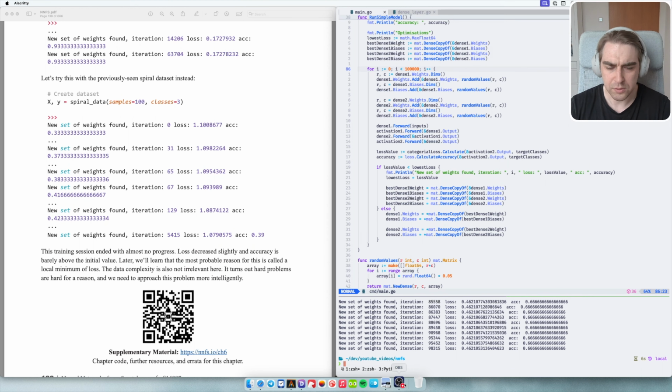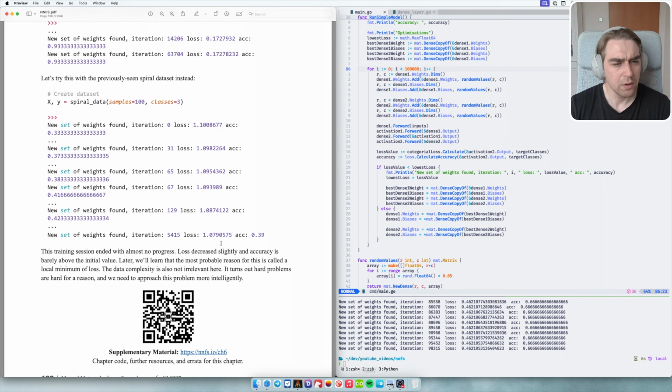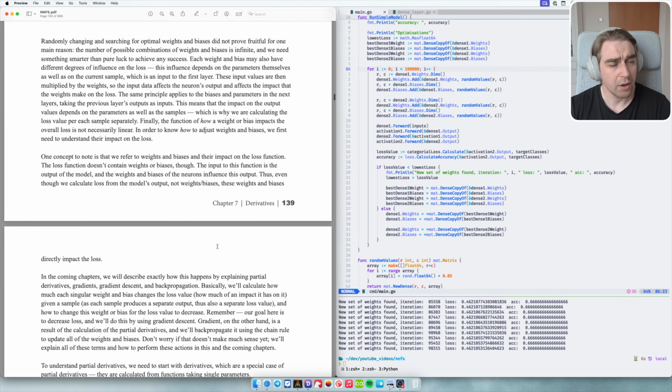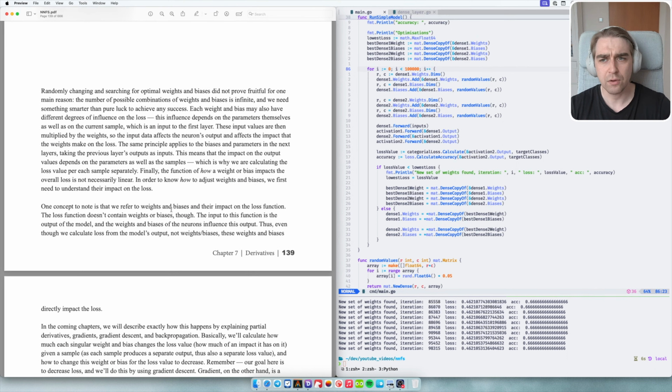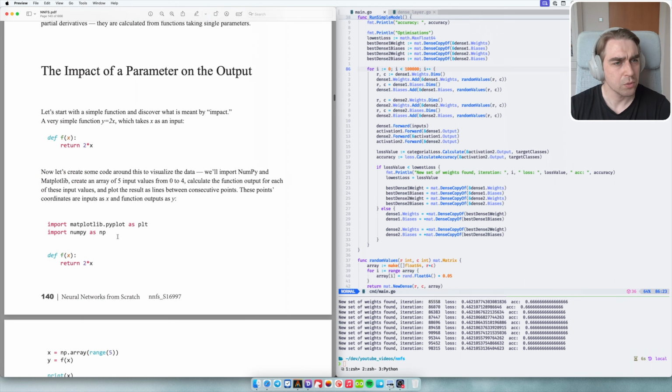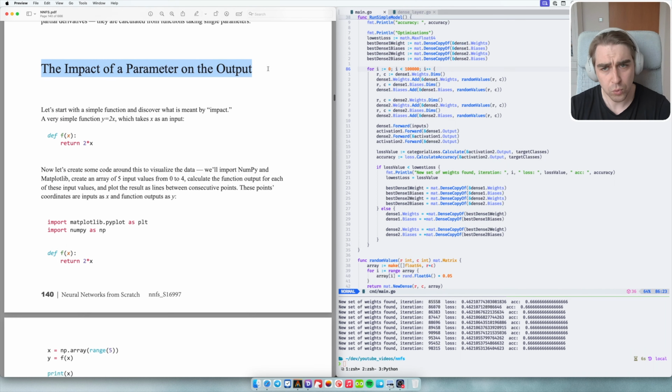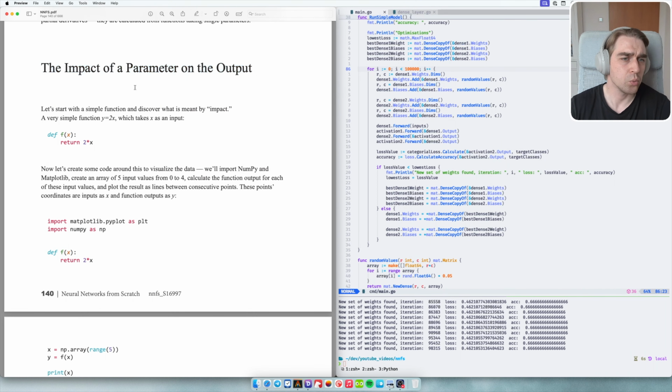So I go into the next chapter, and as the book tells us, the next thing is understanding what the derivative is. What we're going to understand today is how each neuron has its own impact on the loss.